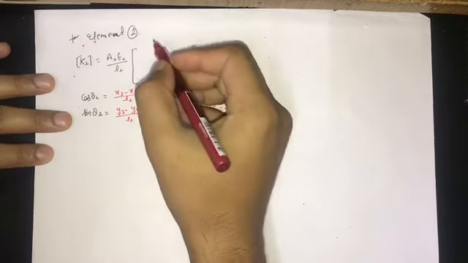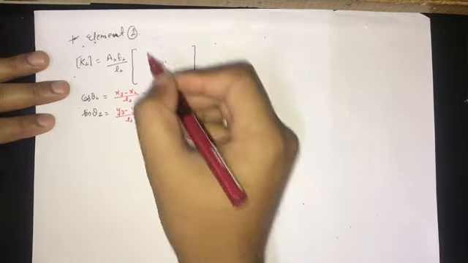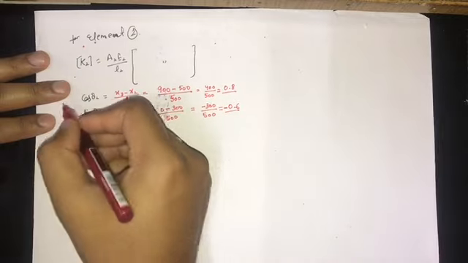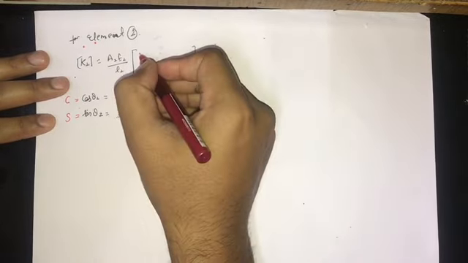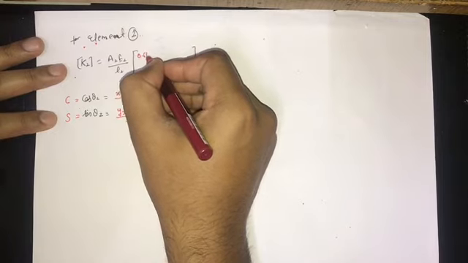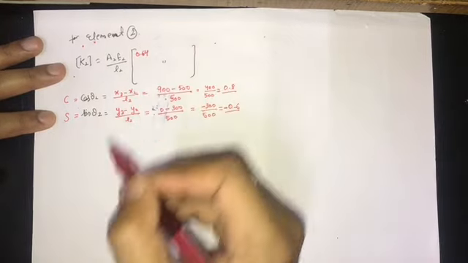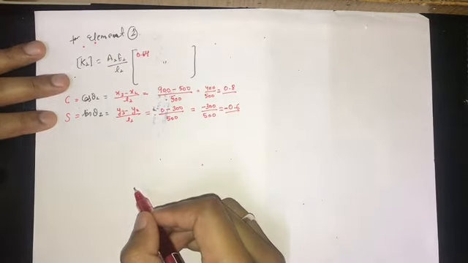Here c square, c, and this is s. So 0.8 square, that is 0.64. It is the value for c square. Then again it is cs.